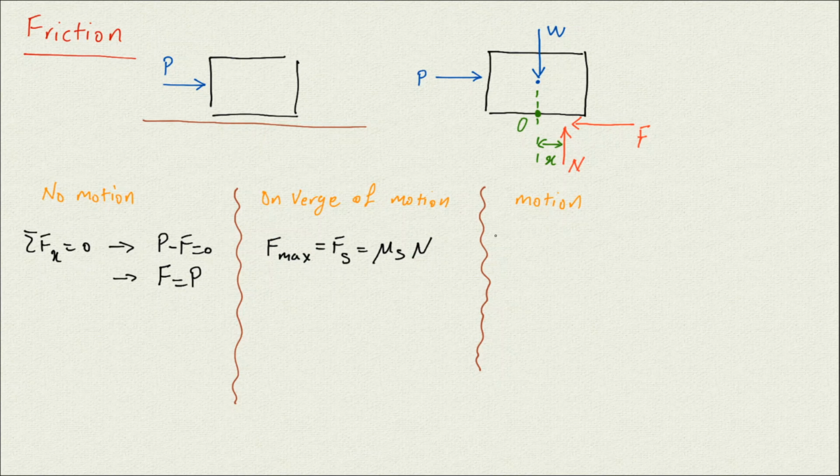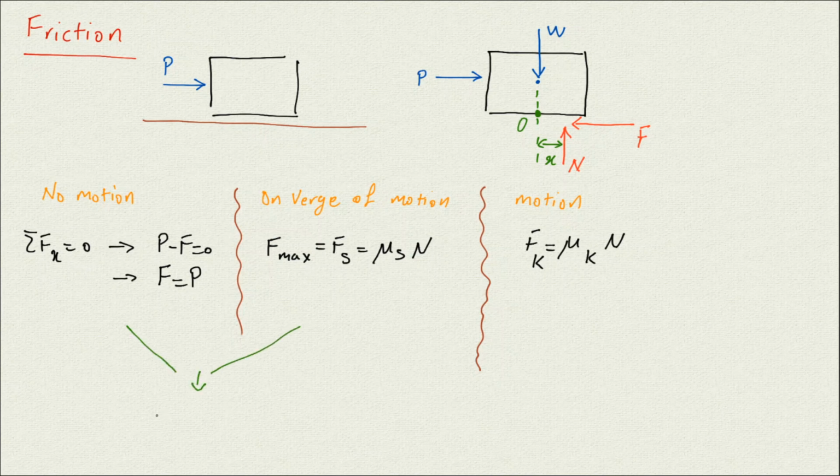So if it's moving and everything is moving, in that case the friction is called Fk, and it becomes mu k times N. These two cases, the first case and the second case, that's what we have.